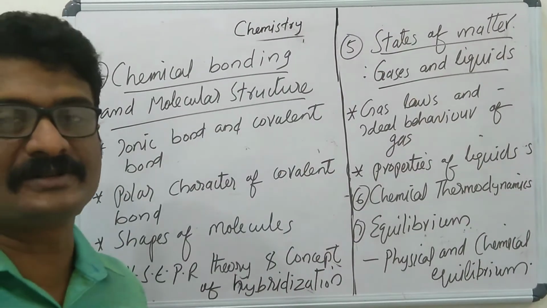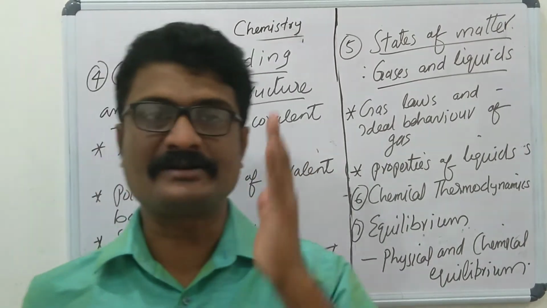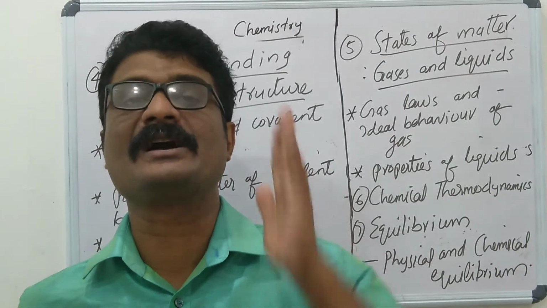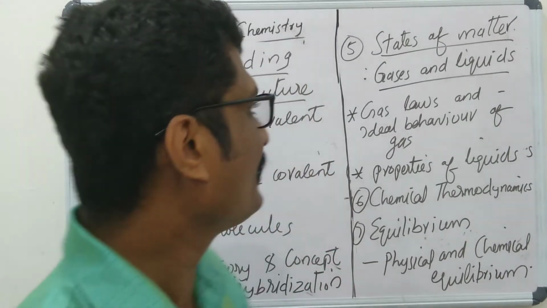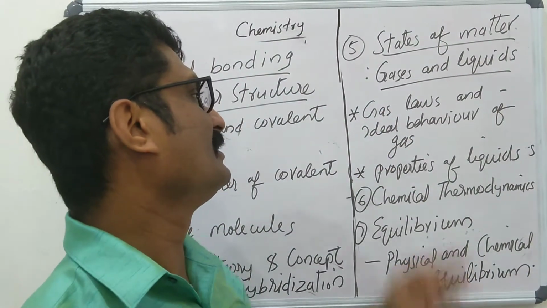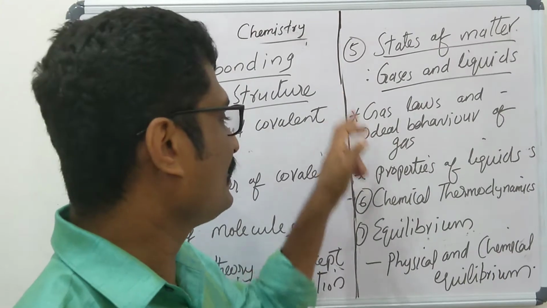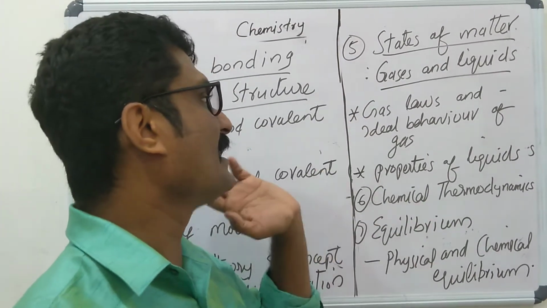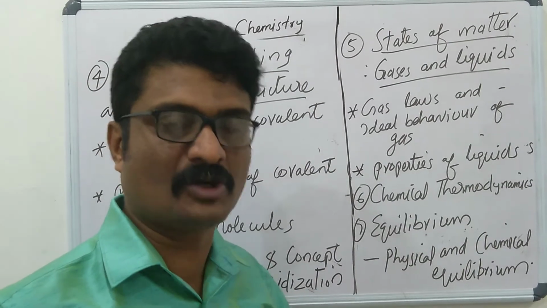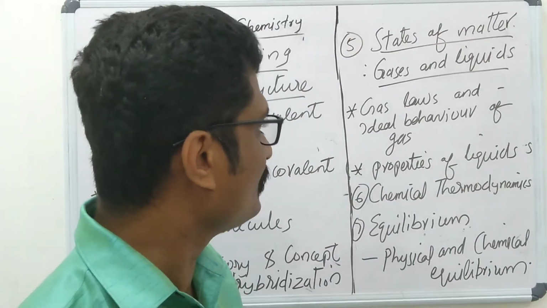The next chapter is states of matter. We know matter exists in mainly three states: solid state, liquid state, and gaseous state. In this chapter we will study about the gaseous state and liquid state. The first main concept is gas laws: Boyle's law, Charles' law, Avogadro's law, and Gay-Lussac's law.